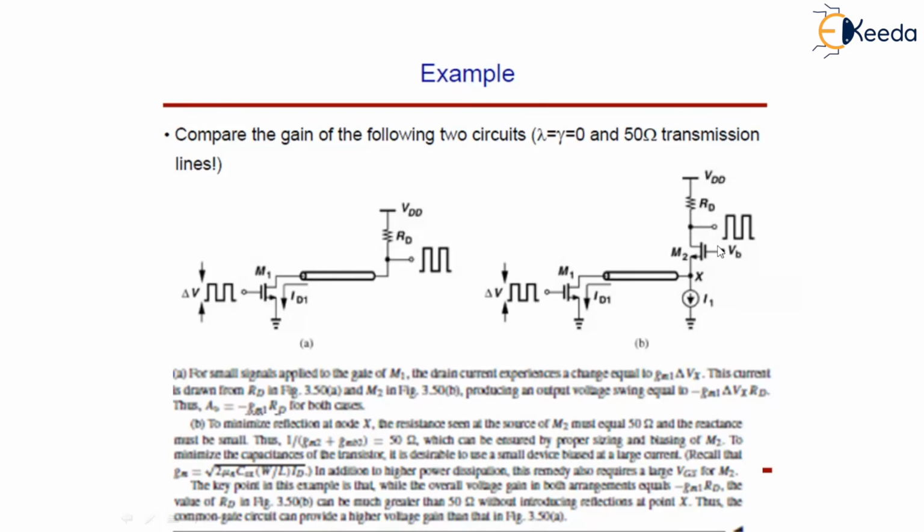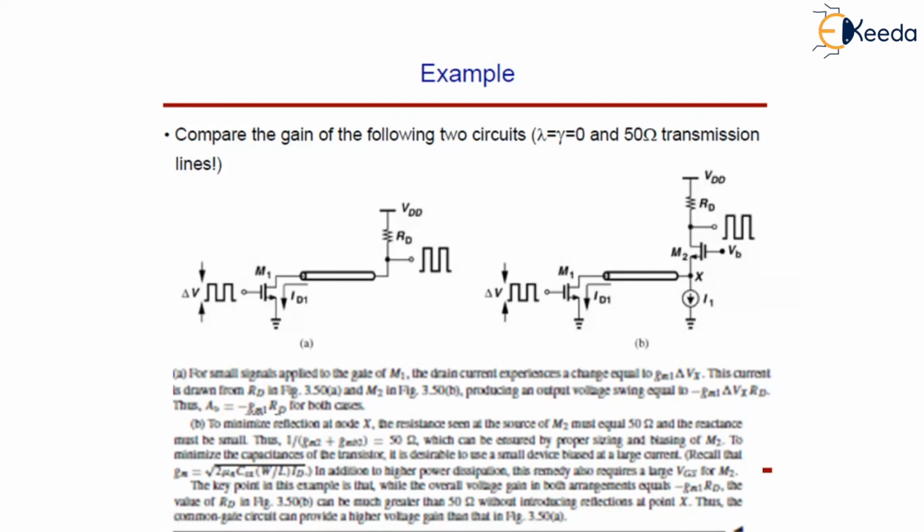To have proper biasing of M2, we require that RD should be large in this circuit, as there should be no reflection at node X. So it requires that RD be large enough. Thus, the common gate circuit can provide a higher voltage gain as compared to the common source configuration.